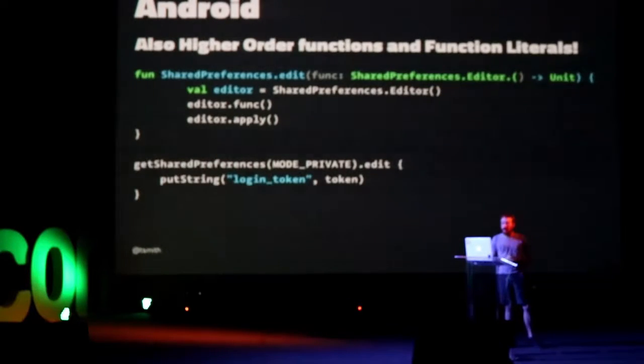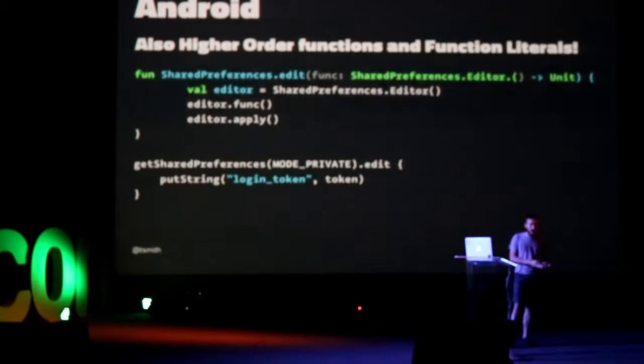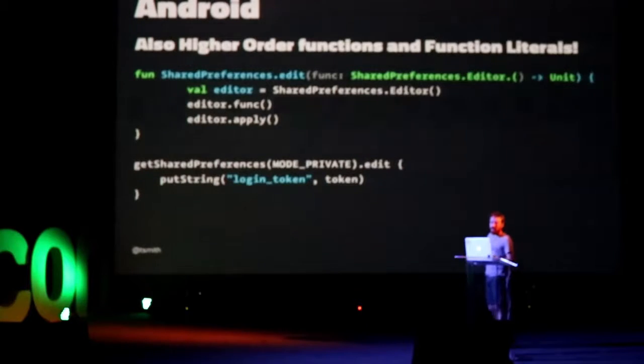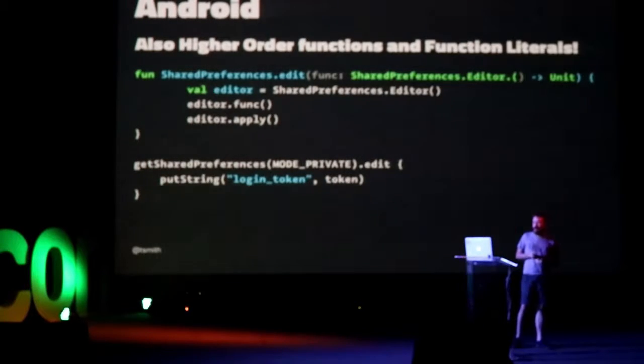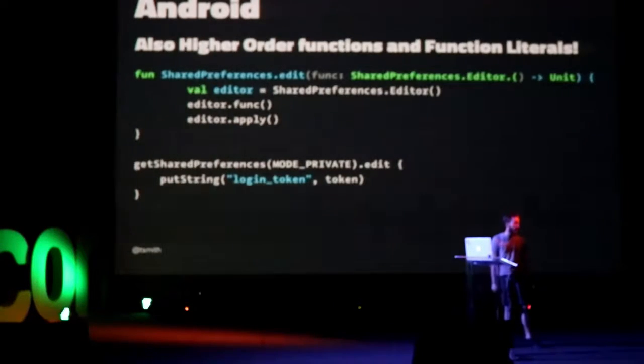And it allows any function literal passed in to act as if it was a method on the shared preference editor object. This allows us to use the code in a very type-safe way, knowing that we don't really have to worry about if the data was saved appropriately because of the platform-esque implementation that we have here. We know that we're saving it in the correct editor object.